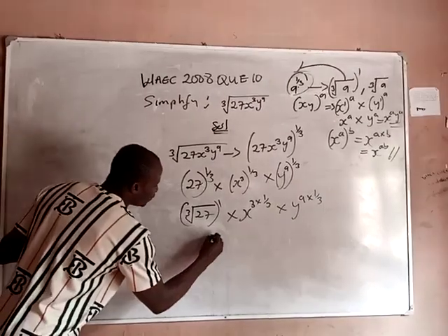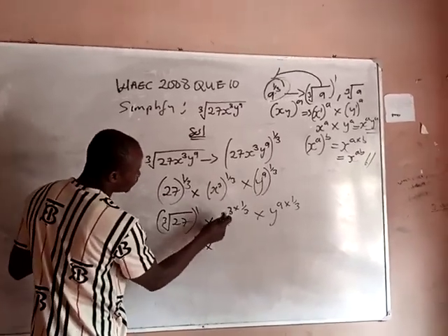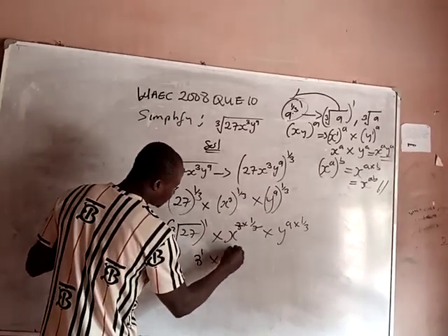The cube root of 27 is 3, so you have 3 raised to the power 1. The 3 cancels the 3 in the denominator, so we are left with x raised to the power 1.